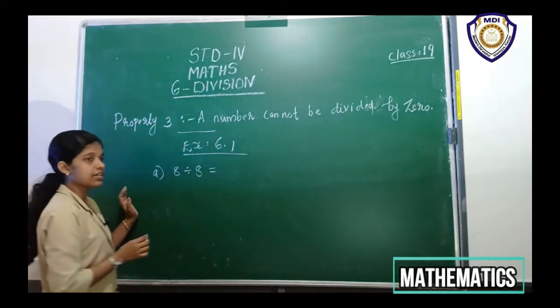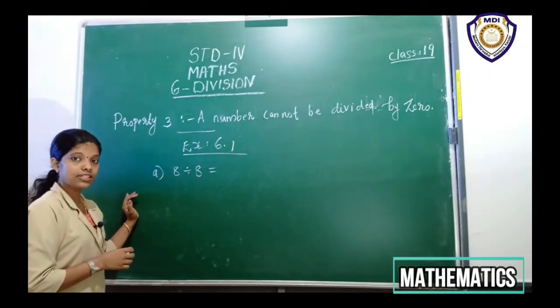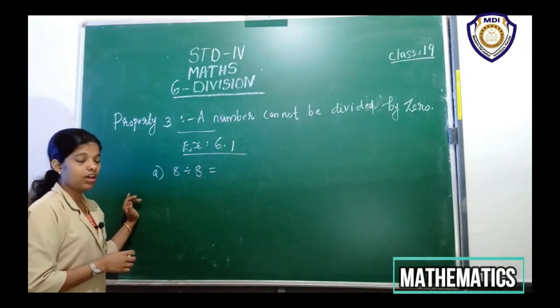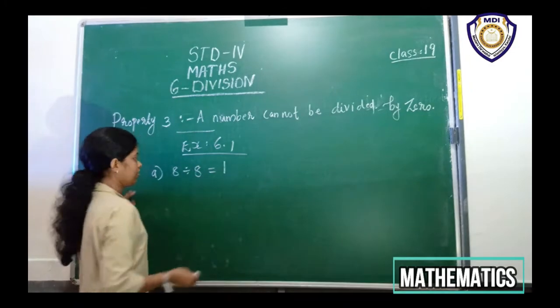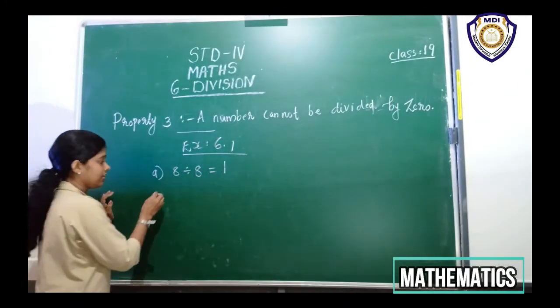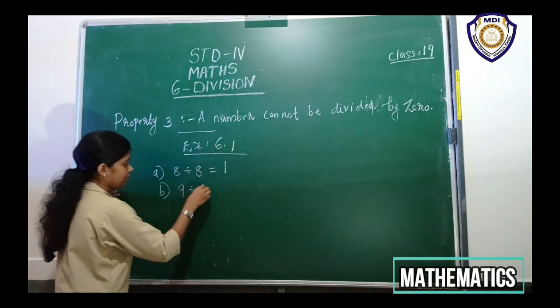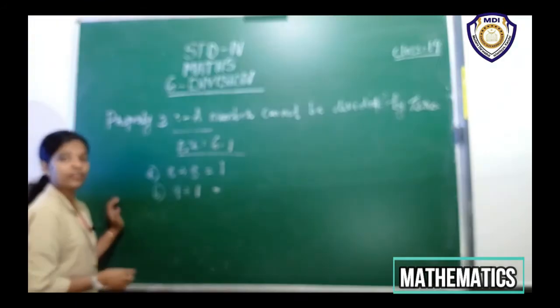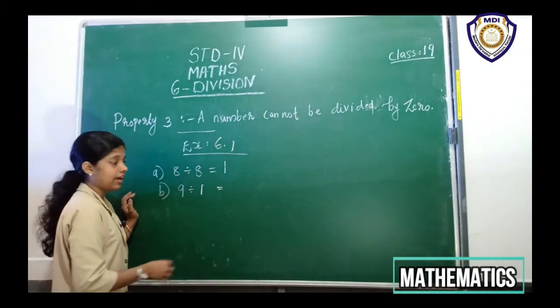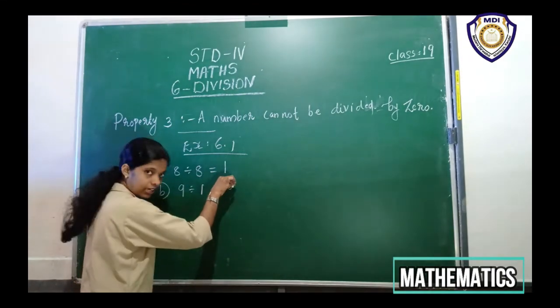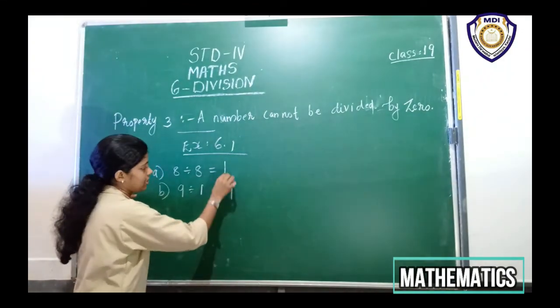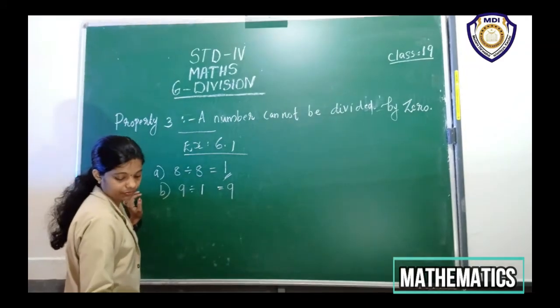8 divided by 8, we get the answer. Answer is 1. Then B, 9 divided by 1, we get the answer. Answer is 9. Okay, good.